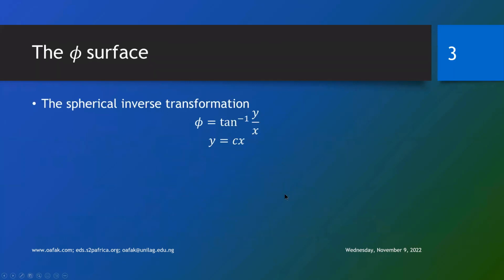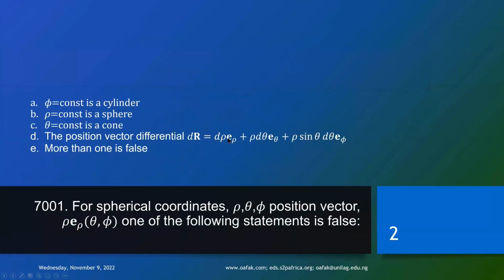So the question is, where did this come from with this single expression? It comes from the total differential of the R. If you get the total differential of the R, you are going to get three partial derivatives because it's a function of three variables. And that's where these expressions are coming from. Whereas the position vector itself is a single term, the differential is three terms. That's where they come from.